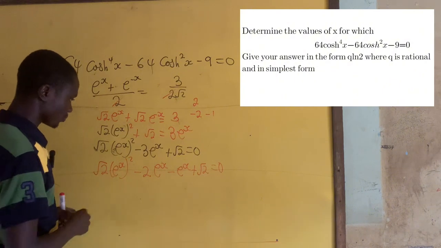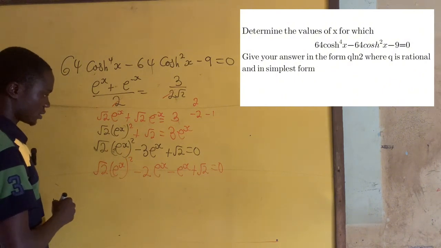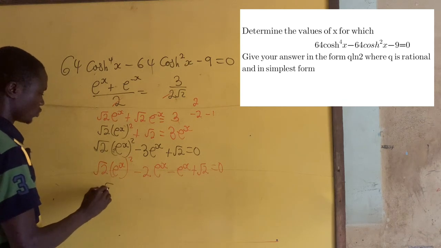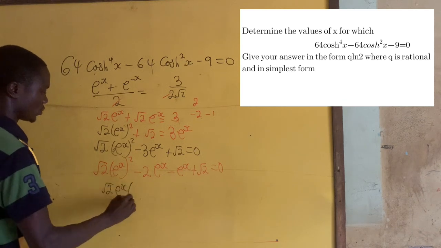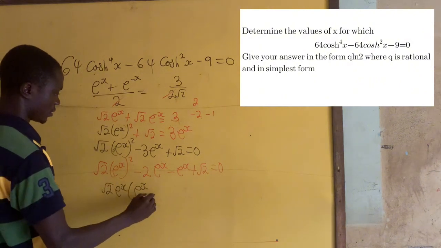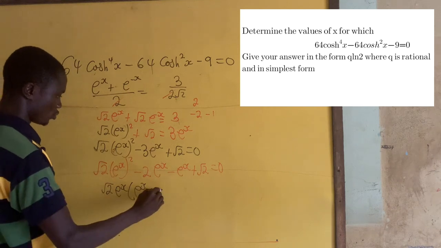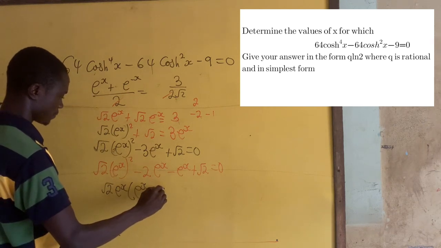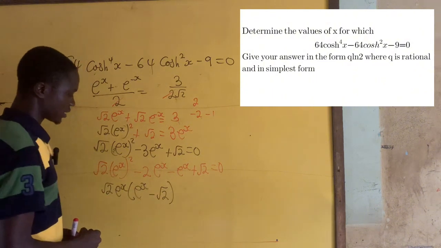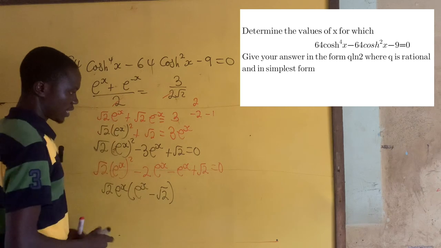Now, what do we do? Let's factorize. This is the smallest one, right? So square root of 2 e power x into e power x minus, here will it be root 2? Yes, it will be root 2, because root 2 times root 2 gives us 2, and we have e power x.